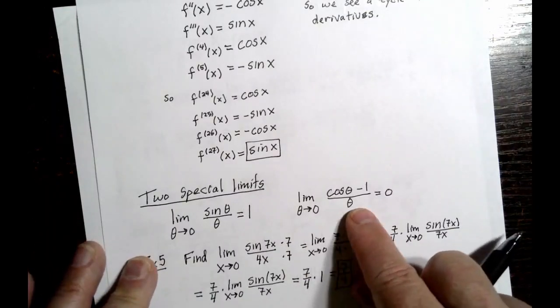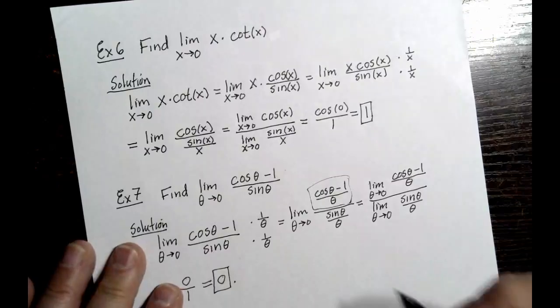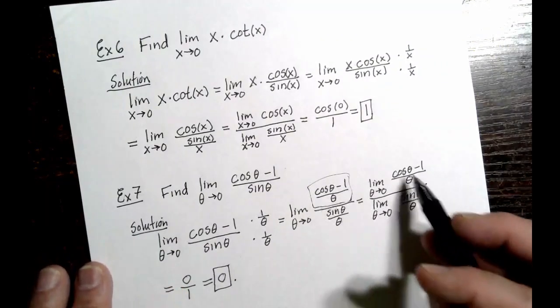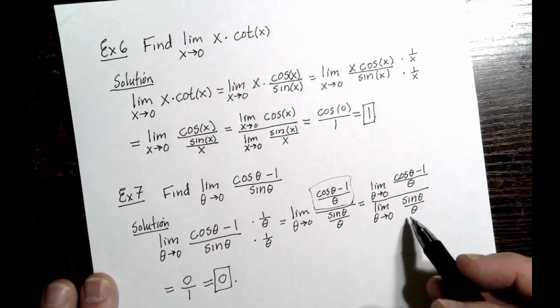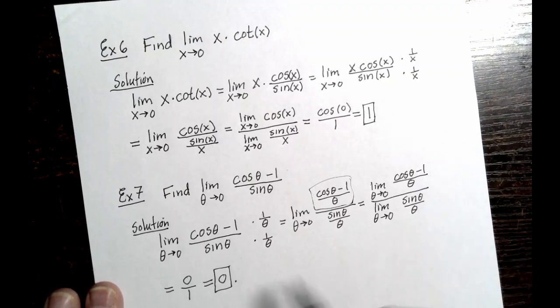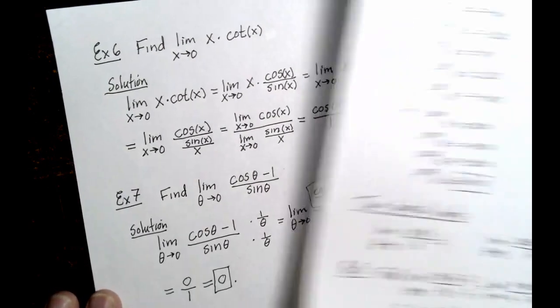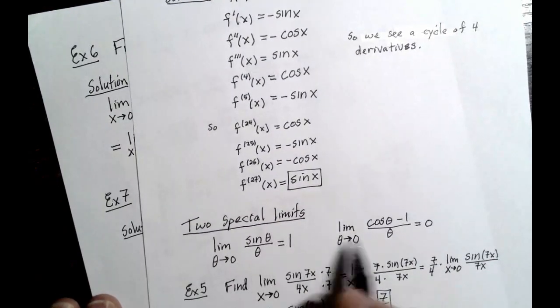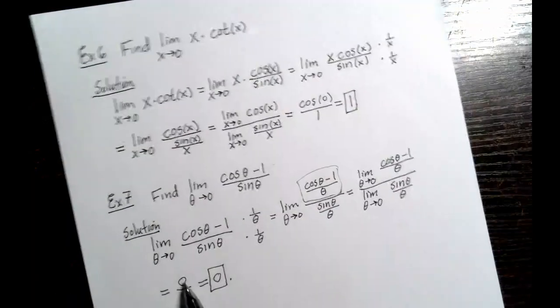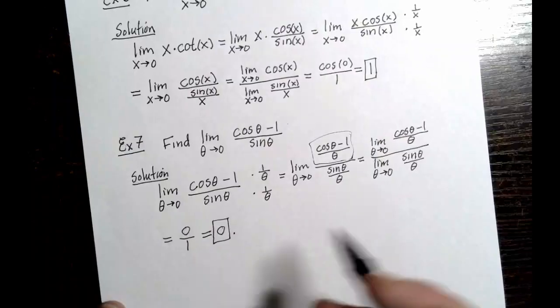And we know that the limit goes to 0 for that part. And the bottom is going to go to 1. And so we know from these two special limits that your denominator goes to 1, your numerator goes to 0. And so 0 over 1 is going to be 0.